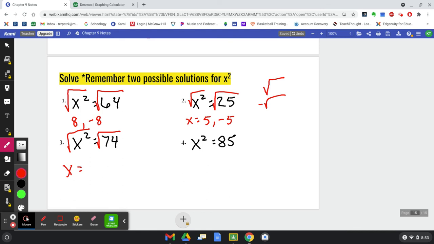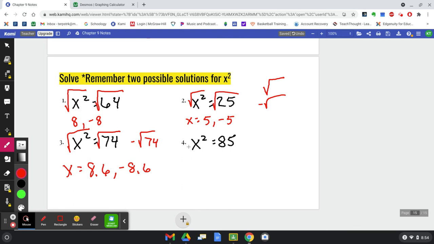So if I take the square root of 74, my calculator tells me 8.60, and we can just do to the nearest tenth. So 8.6. I have to remember that it's also negative 8.6, or type in my calculator the negative square root of 74 to get that second answer.